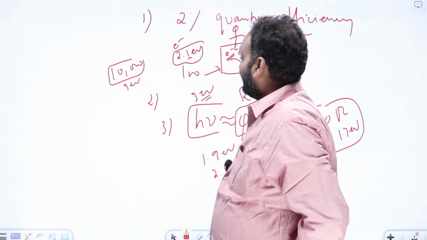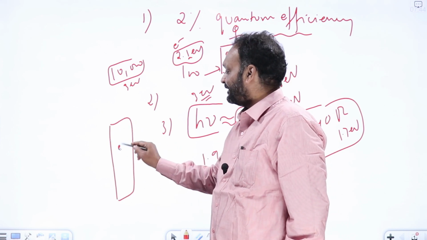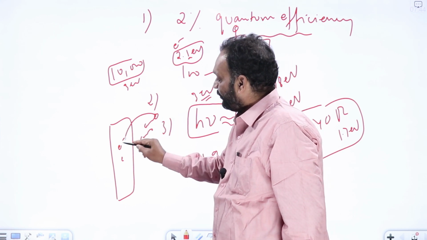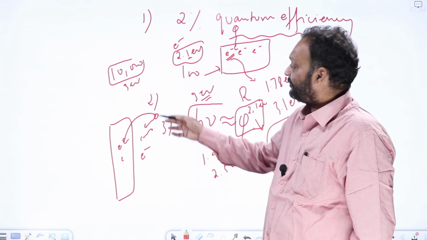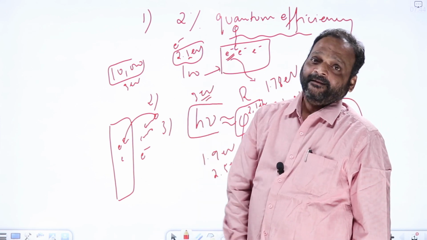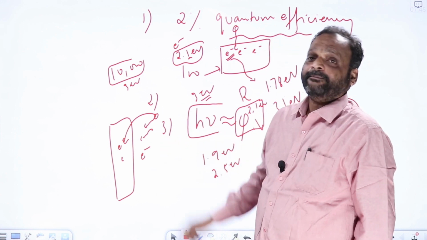Okay, and till now what I am saying is that electrons will be there inside the metal, our photons will go and hit the electron, our photon gives the energy, and the electron comes out. Okay, what about the incident photon? We have not talked about the incident photon throughout my lecture on the photoelectric effect. We are talking about the electrons which have come out only, but what happened to the incident photon?